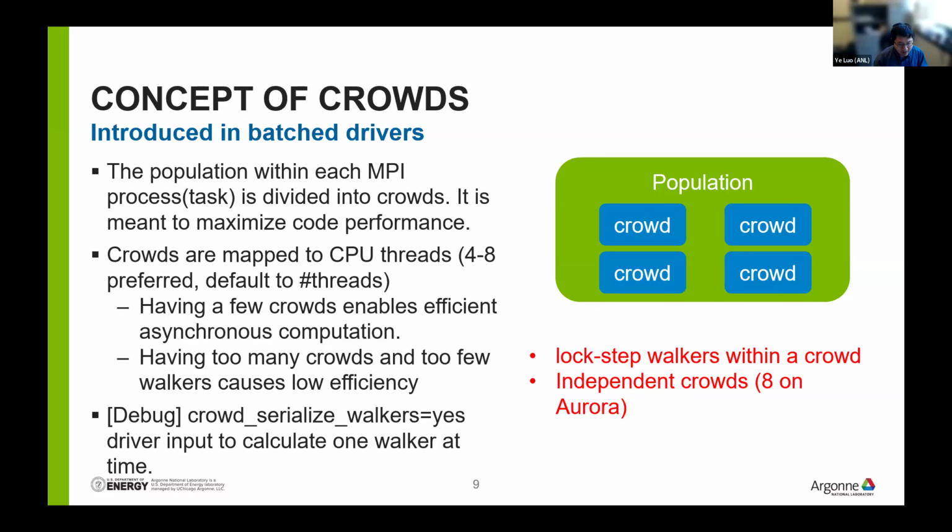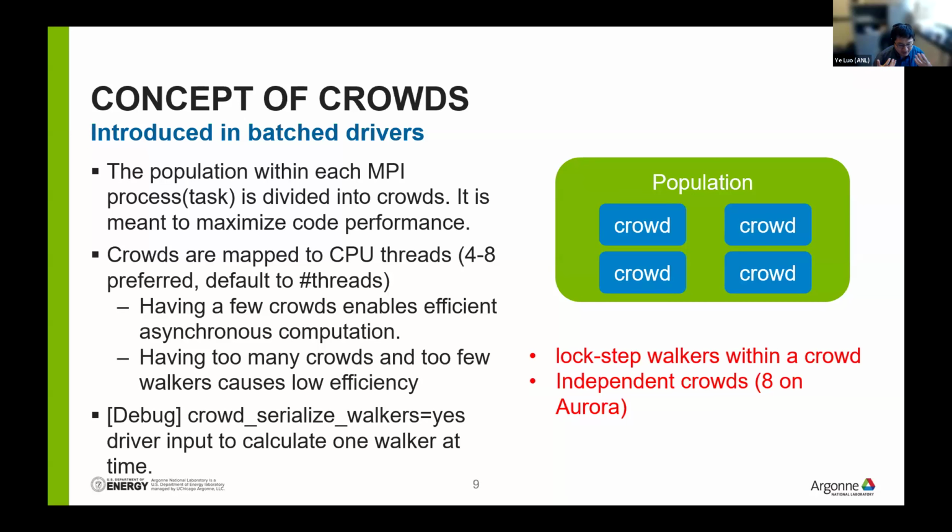With these crowds, we can maximize the utilization of the GPU. All the walkers within a crowd operate in lockstep for maximized kernel efficiency. Different crowds work totally independently. By doing that, they can time-share the GPU. When the GPU is not servicing one crowd, it can potentially service another crowd. So this maximizes the utilization of GPUs.